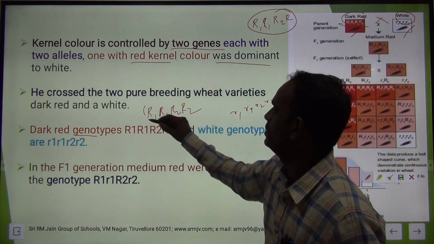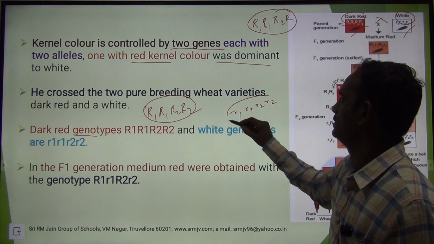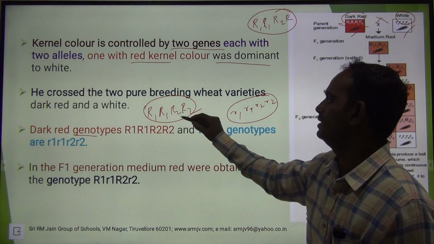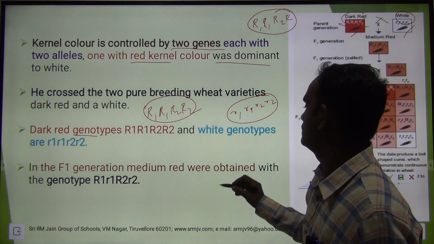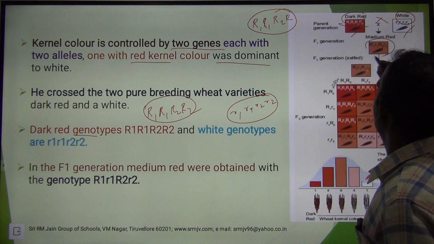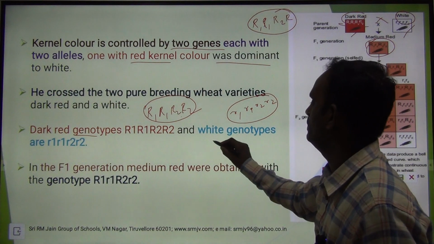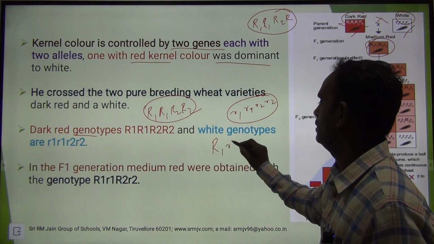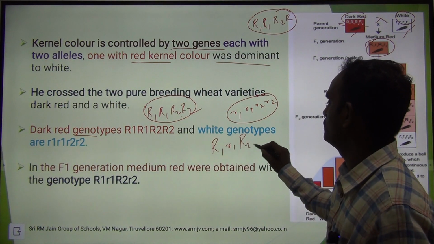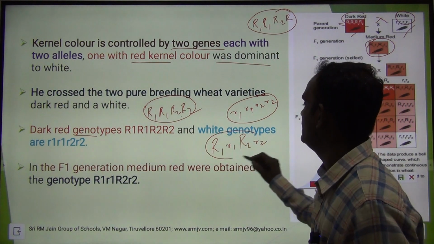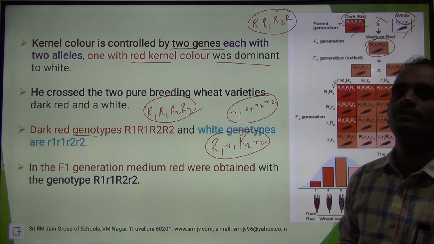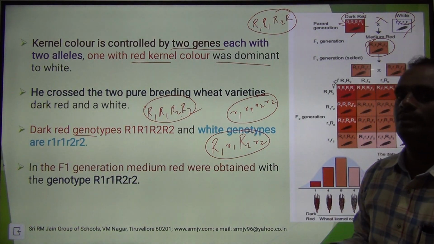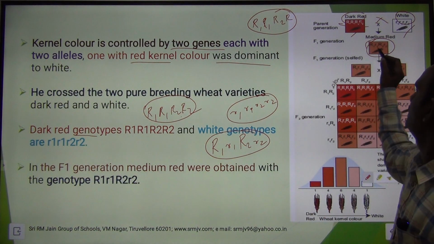So both are homozygous, one dominant and one recessive. The F1 generation obtained is medium red, with the genotype R1r1R2r2. So when dark red kernel color is crossed with white, the F1 generation is medium red color.